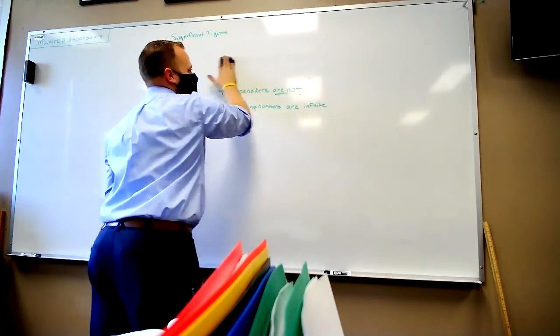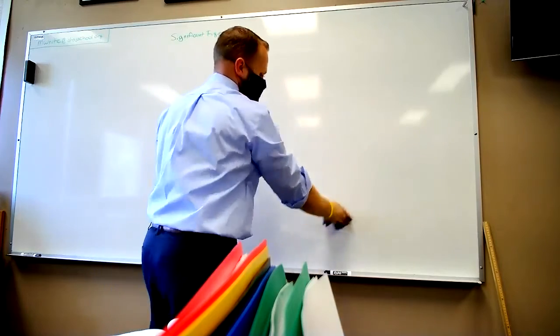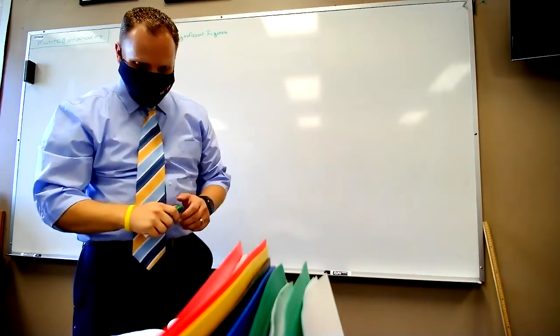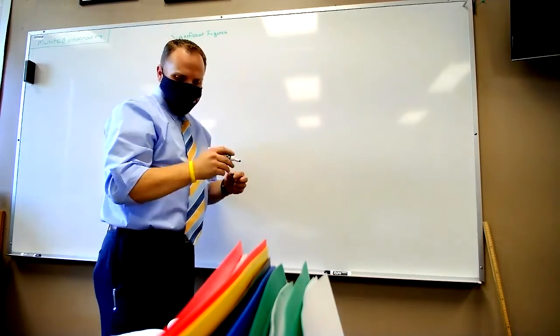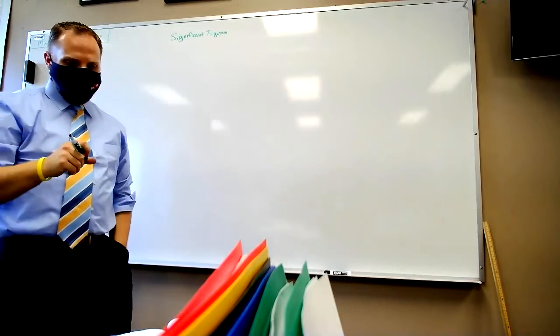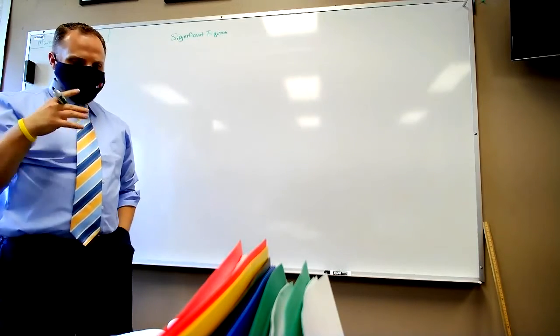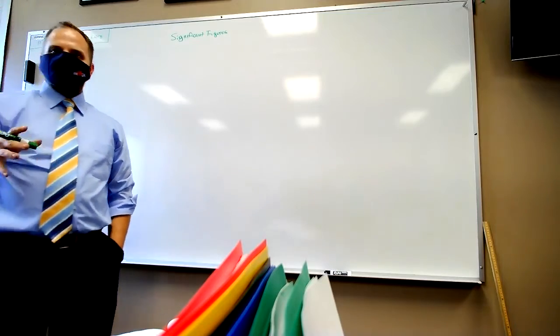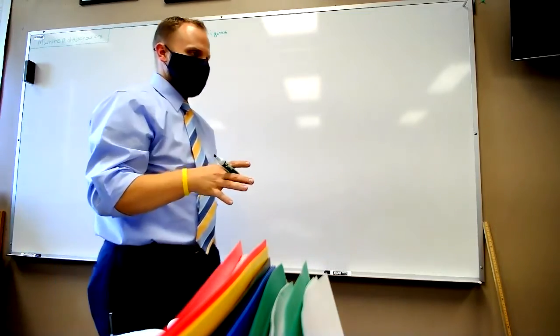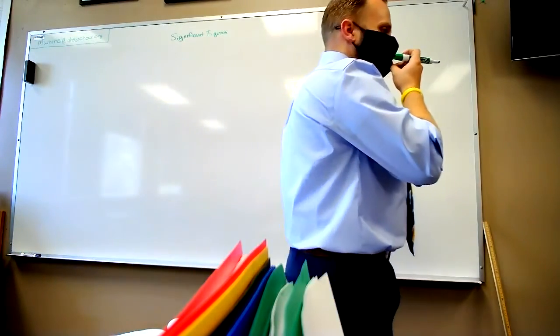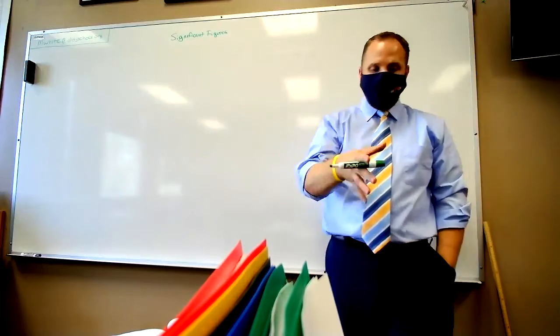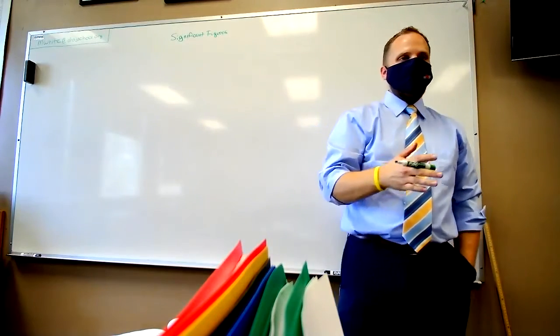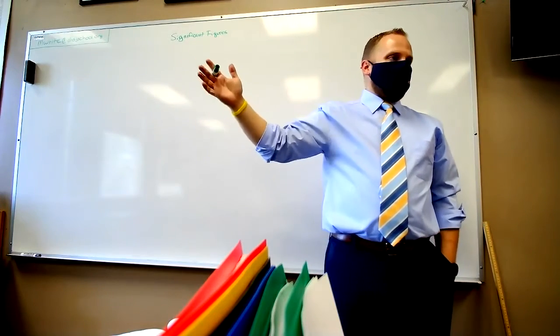So it talks about rounding. Now, when you do math with 2 measurements, your calculator is going to give you as many digits as it can.